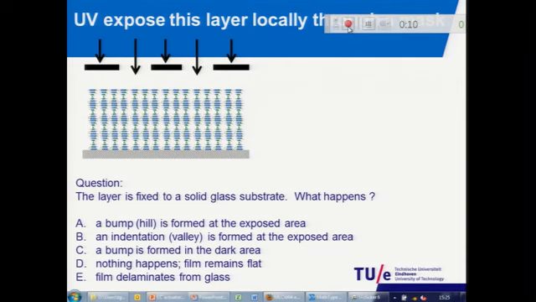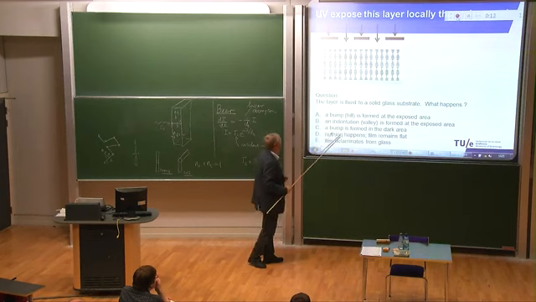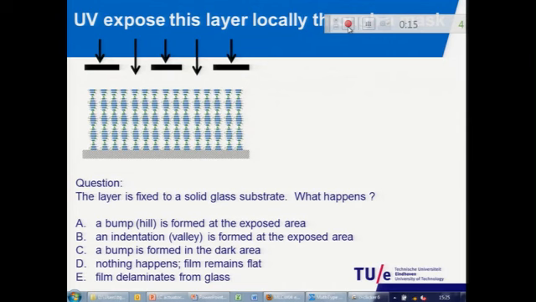Just remember what the molecules might do in this case. Or will it just form a bump next to the exposed areas, in the dark areas? Or do you think, well, this is such a stable system, everything remains flat, or the film just builds up so much stress that it delaminates from the glass?